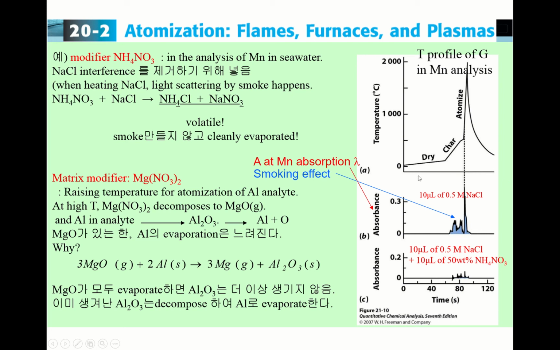As you increase the temperature of the flame or furnace, up to about several hundred degrees C, the sample is not atomized. It remains in a dry state, and then when you increase the temperature more, up to maybe 500 degrees C, char is formed, and then when you increase it further, atomization begins to start.